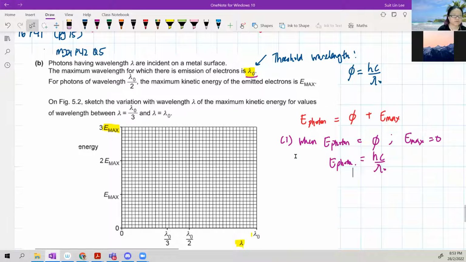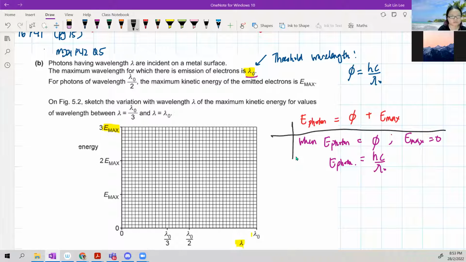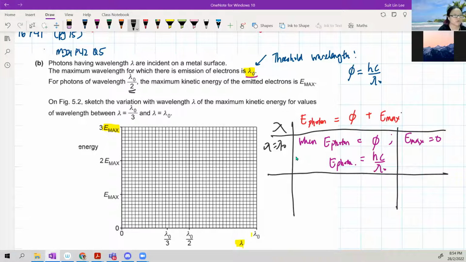So for this to happen, maybe I shall do a table here. This is the value of lambda, and here's the value of Emax. From here, lambda is lambda naught. And then it says lambda naught over 2.